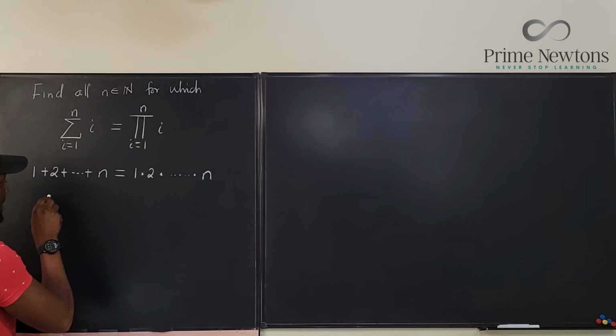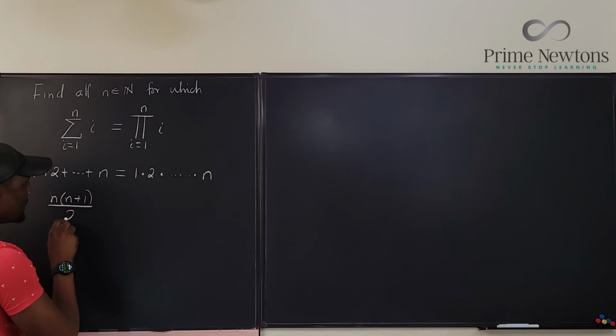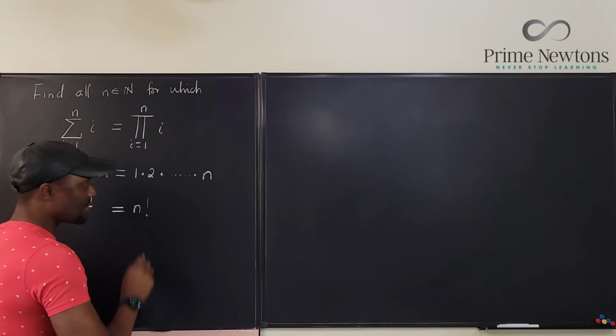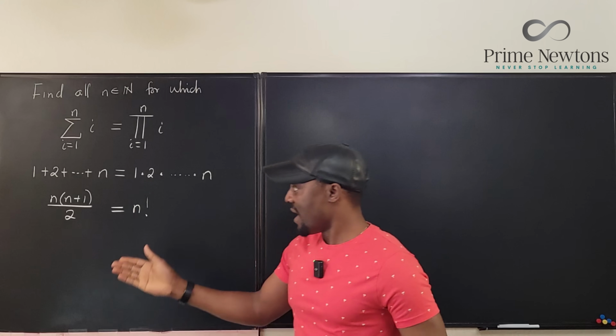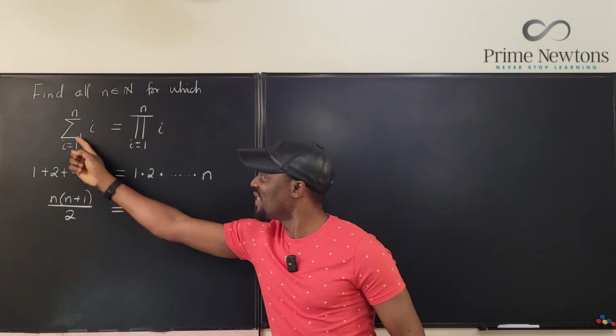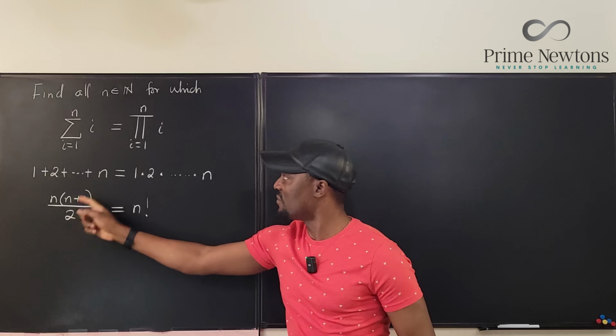We say that this is n times (n plus 1) over 2. Remember? And this is n factorial. So the question may have been presented like this from the beginning, but just so you understand what this notation means, that's why I've written it in 3 different ways.